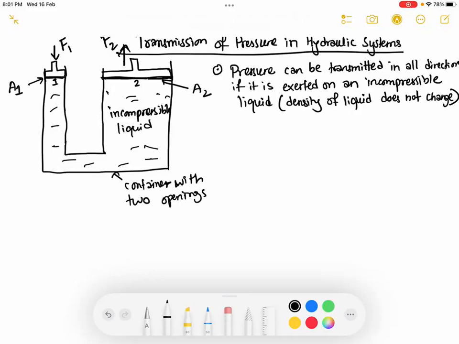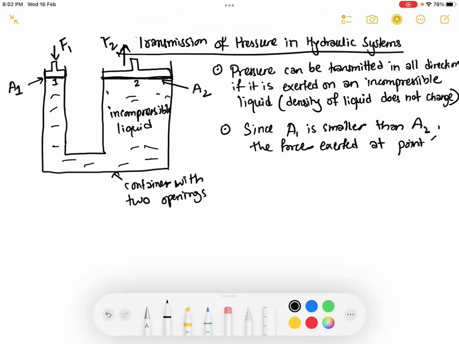Okay, I'm going to write this down. Since A1 is smaller than A2, the force exerted at point 1 will produce a larger force at point 2, because the pressure is the same.